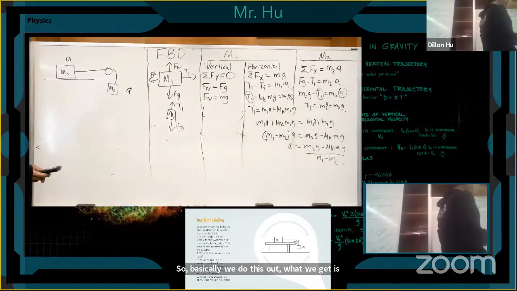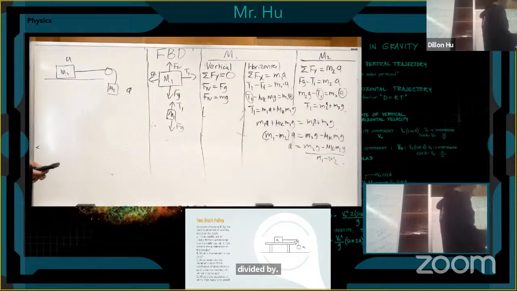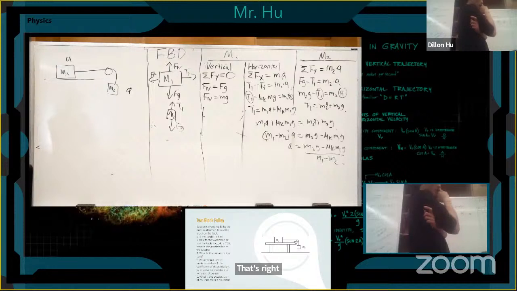So if we do this out, what we get is that M2 is 4 times 9.8 minus 0.2 times 9.8 divided by 1 minus 1. That's not right. What did I do wrong? Oh no, I think I did something wrong.